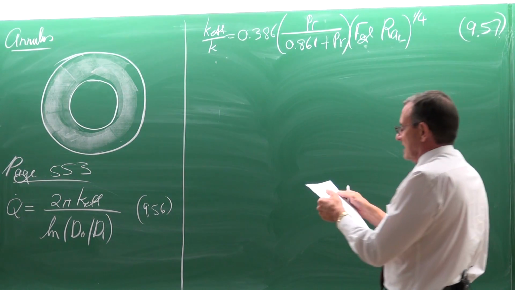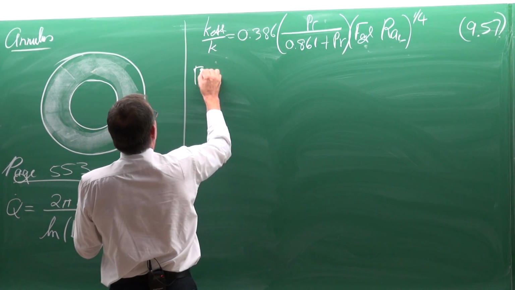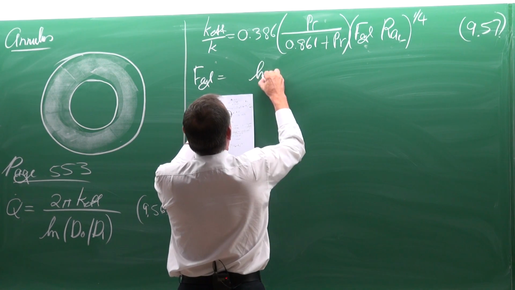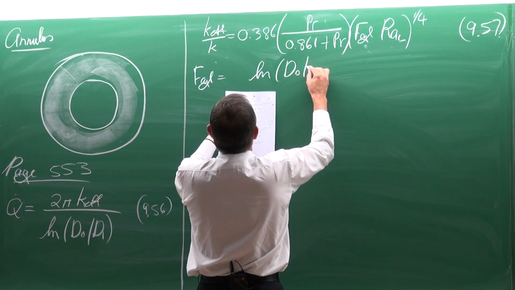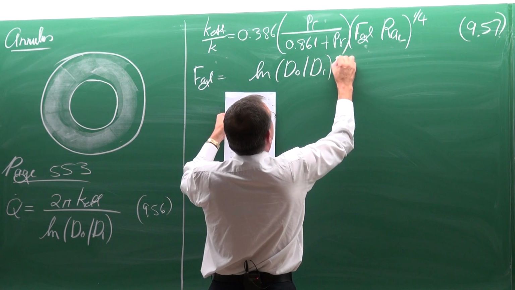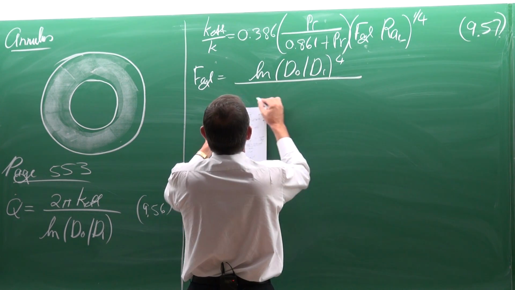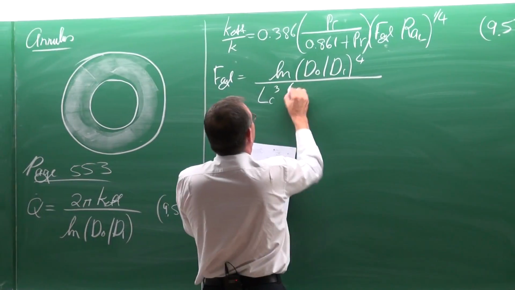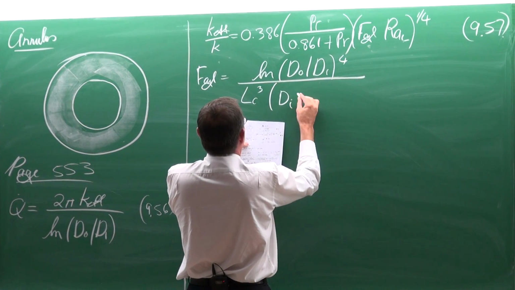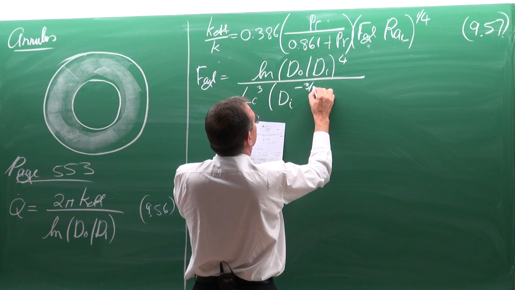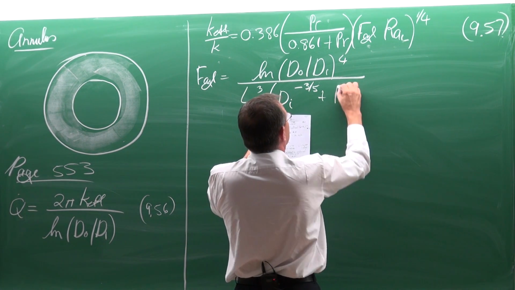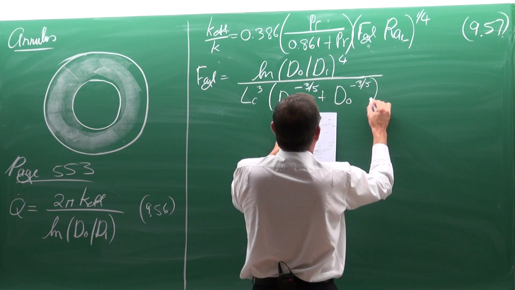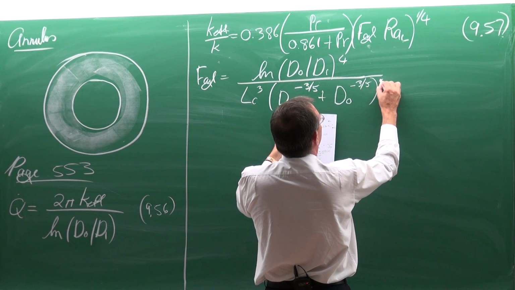F cylinder is also given in your textbook, and it is given as the natural log of the ratio of the diameters to the fourth, divided by LC to the third, divided by the inner diameter to the minus 3 divided by 5 plus the outer diameter to the minus 3 divided by 5, and everything to the fifth.